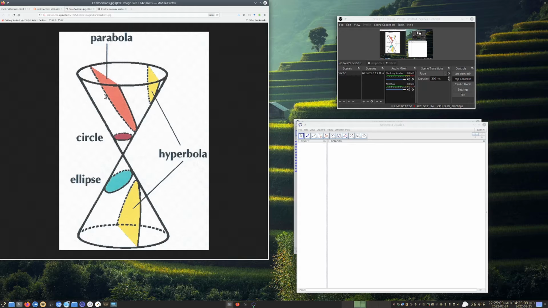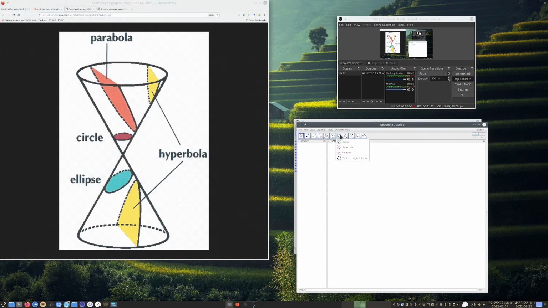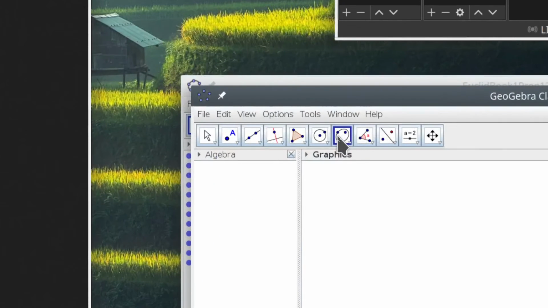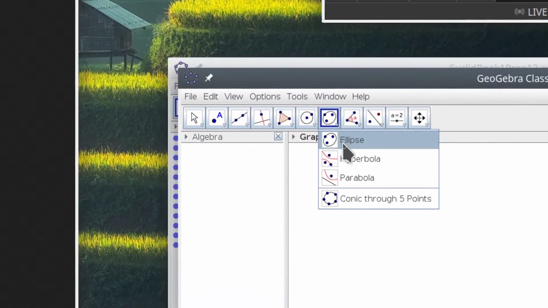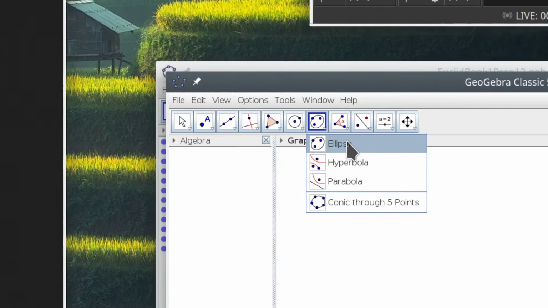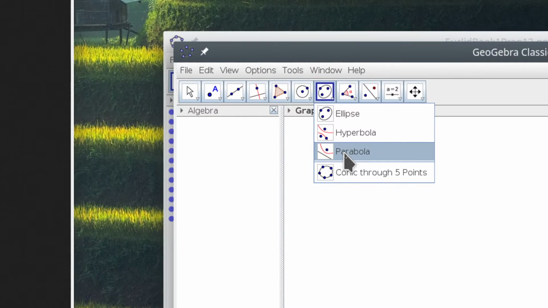the reason I was mentioning all of this is because the most fundamental thing in conic geometry is something called polarity, or duality. Right away, GeoGebra has one of the default tools here, which is the types of conics: ellipses, hyperbolas, and parabolas.